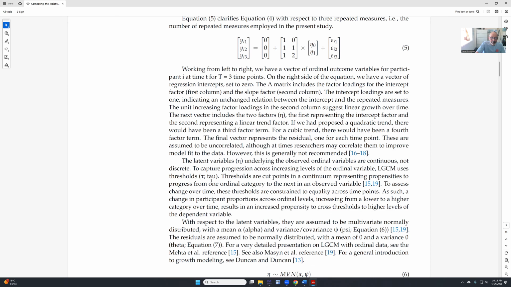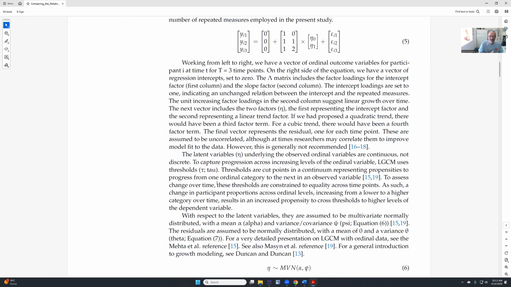And this is really the cool part: to capture progression across increasing levels. So there's an ordinal variable that we have to treat as a continuous variable, right? How do we do that? To capture progression across the increasing levels of the ordinal variable, LGCM uses thresholds. It has these thresholds, like these walls, these cut points, which we call tau.